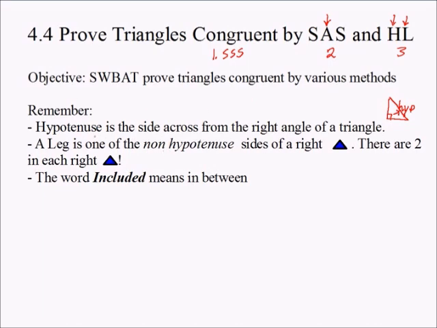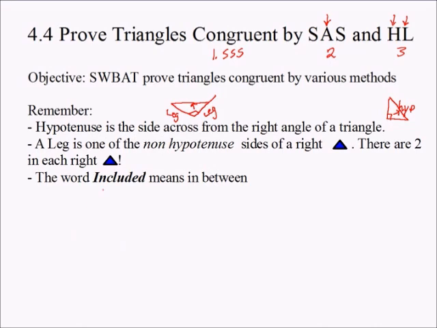And there's always two legs, like there's two legs on a human. There's two legs in every right triangle. So right here, let's get a right triangle popping. That's an ugly right triangle, but whatever. This would be your hypotenuse, so this would be your leg. And over here, that would be your leg too, okay?